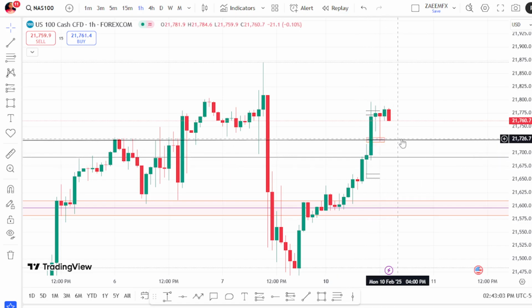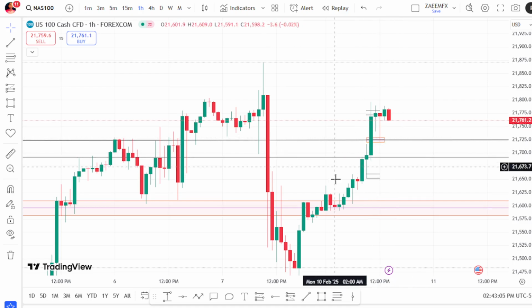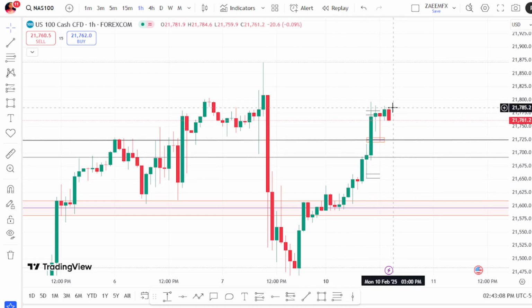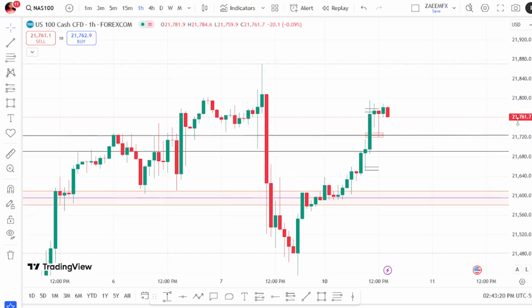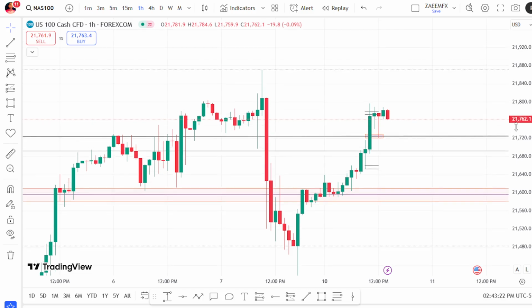This is what I was expecting. I don't expect price to continue going higher like this. What I do know is for price to collapse to the downside and close at this line. But I don't know what will happen next. Maybe tomorrow, in the Wednesday review, you will see something about this trade.